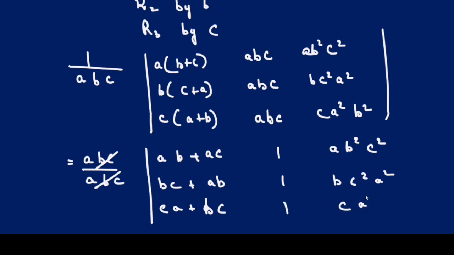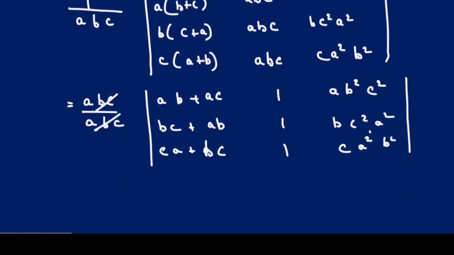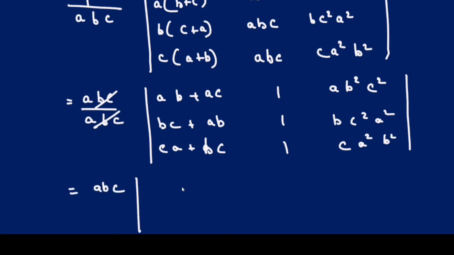And here ca square, b square. Now you can see in the third column, everywhere you have abc, isn't it? So abc is common again. Take out that abc from the third column.